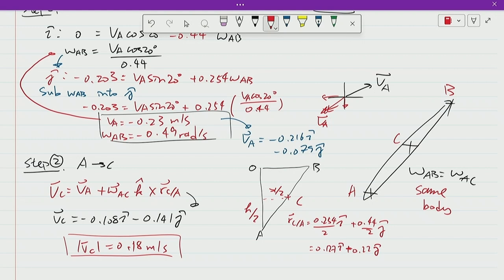I. Yeah, so 0.1015, but we got 0.108. You can try the Y direction to see if it also holds.